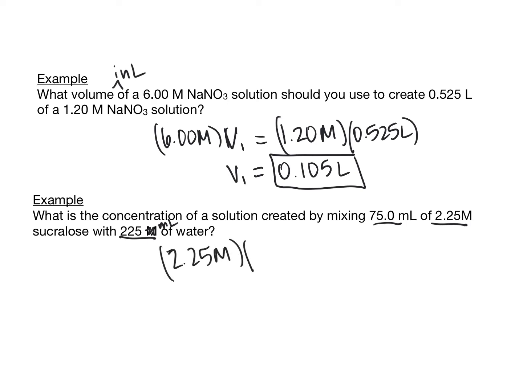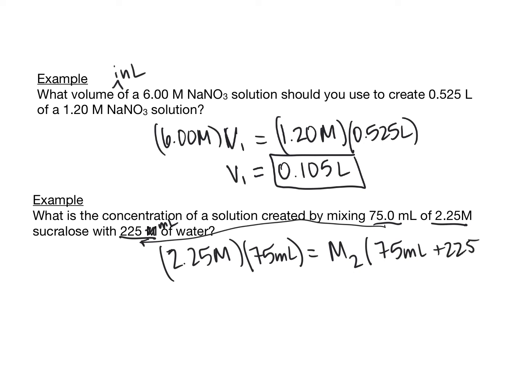In this case, we're going to just leave the volume as 75 milliliters, because as long as the volumes are the same, we don't need that information. Now this one is a little bit trickier because we are mixing 75 mils with 225 mils of water. We're not having a final volume of 225. So M2, now the volume here is 75 milliliters plus 225, which is 300 milliliters.